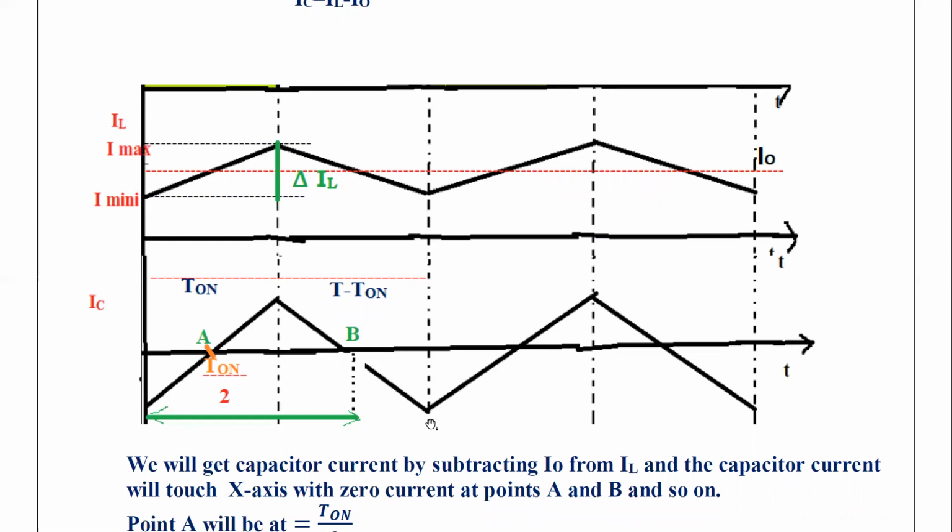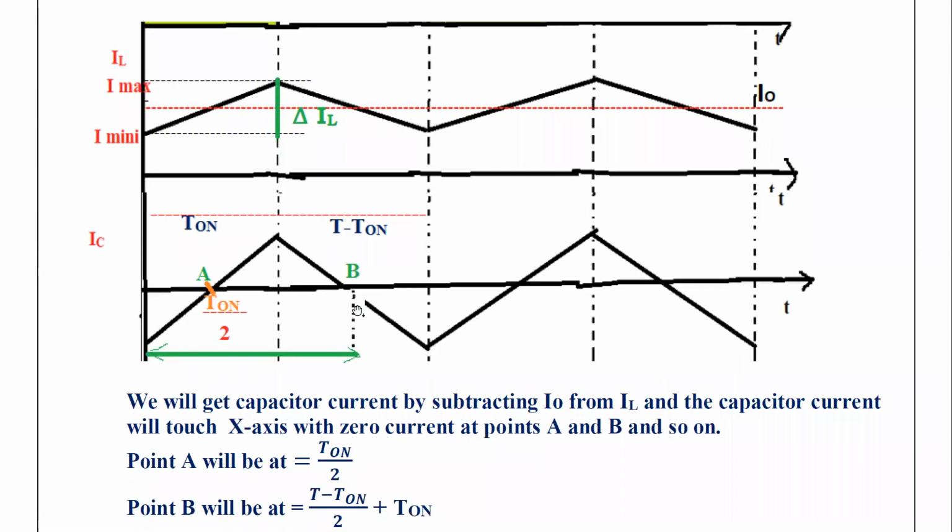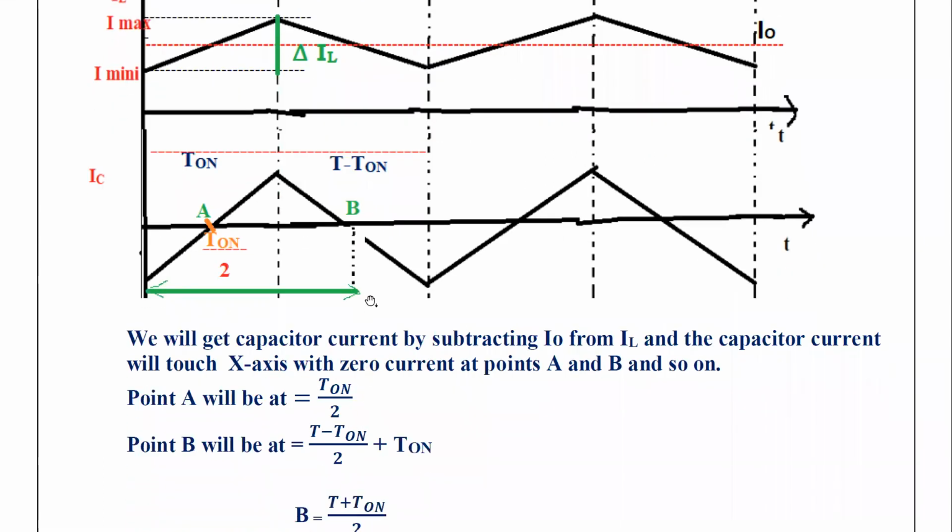Now the point B can be calculated as T minus T on by 2, plus the turn on time. This is the complete time period T. T minus T on is the turn off time, and this is exactly half of the turn off time.